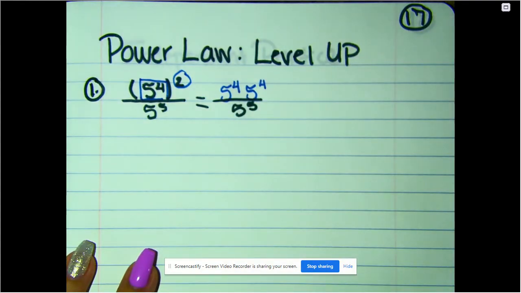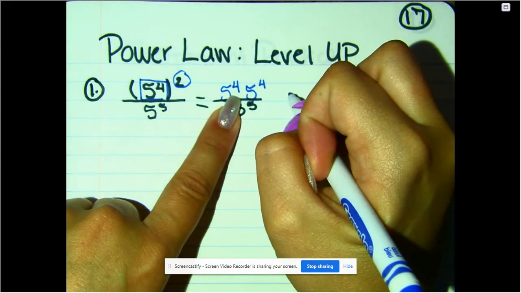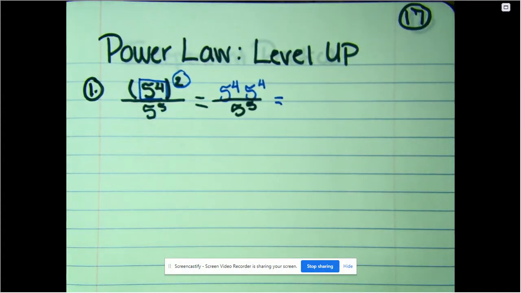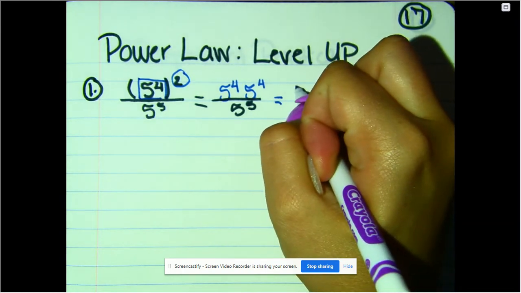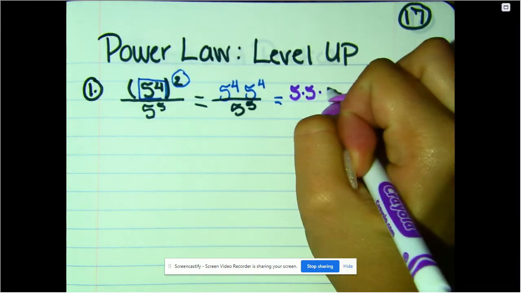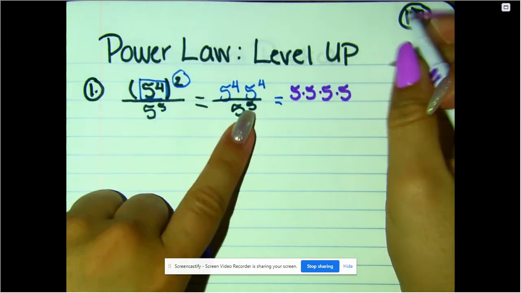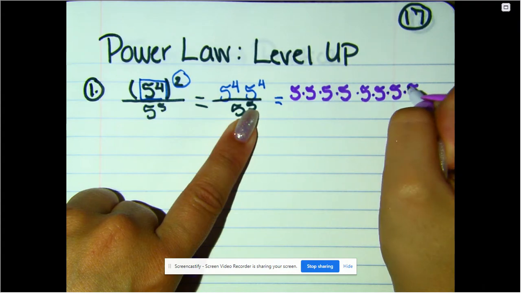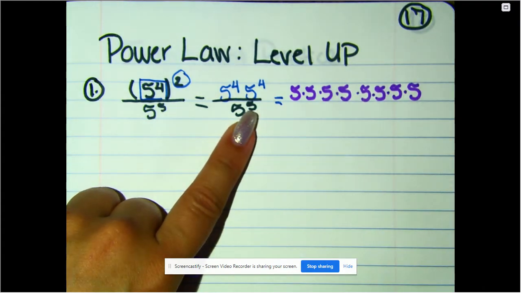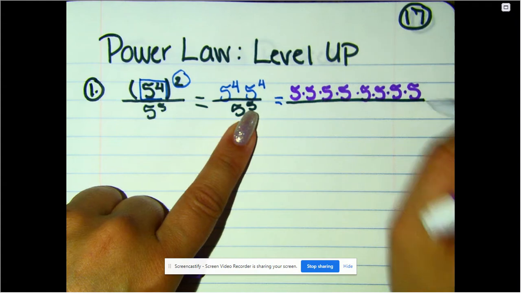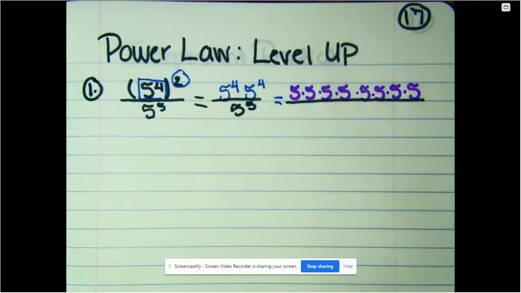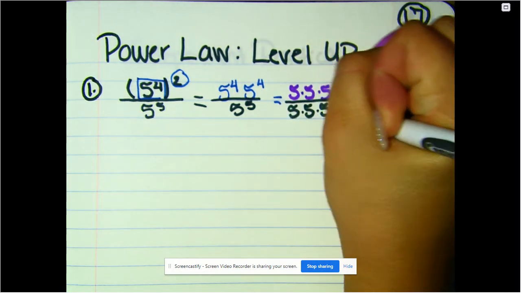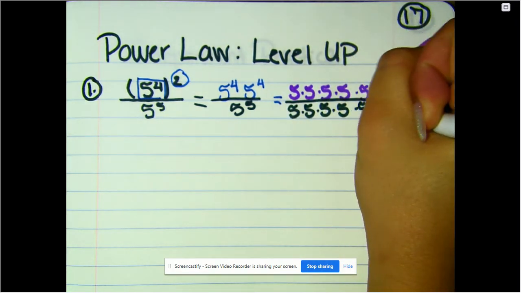Okay, now that you are here, we can write out 5 to the 4th. I'll use a different color. 5 to the 4th, 4 times. 5, 2, 3, 4, and then a second set, 1, 2, 3, 4, and then it is divided by 5 to the 5th on the bottom, which had 5 fives. 1, 2, 3, 4, 5.